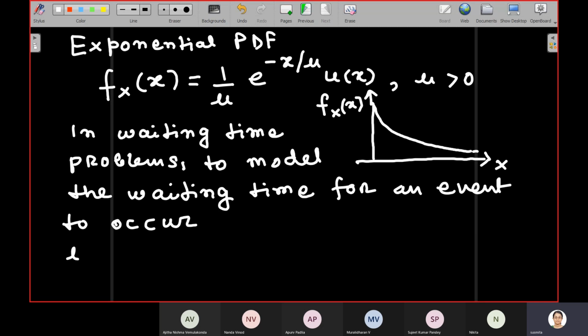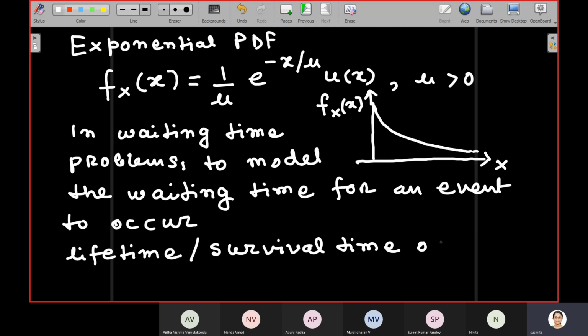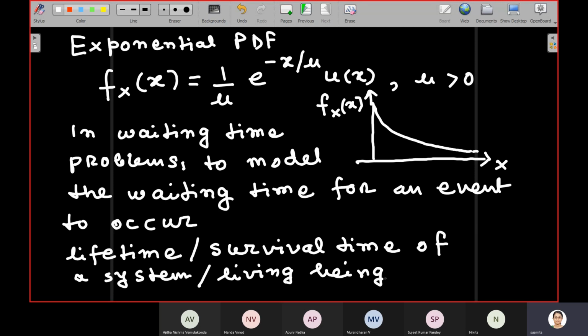Then to model the lifetime or survival time of a system or any living being, we use the exponential distribution.